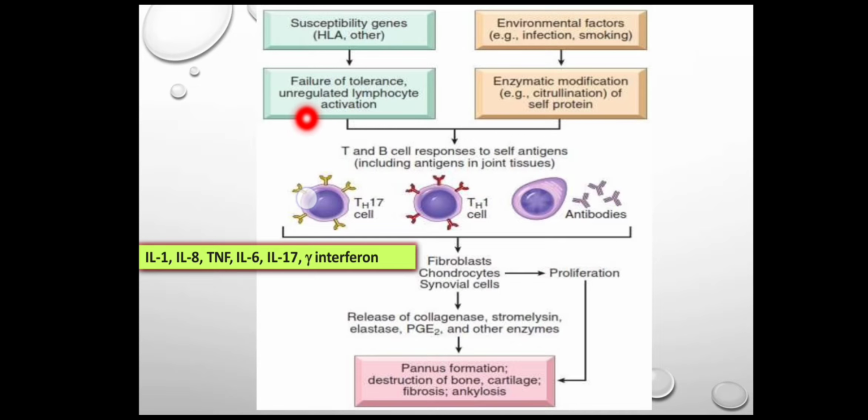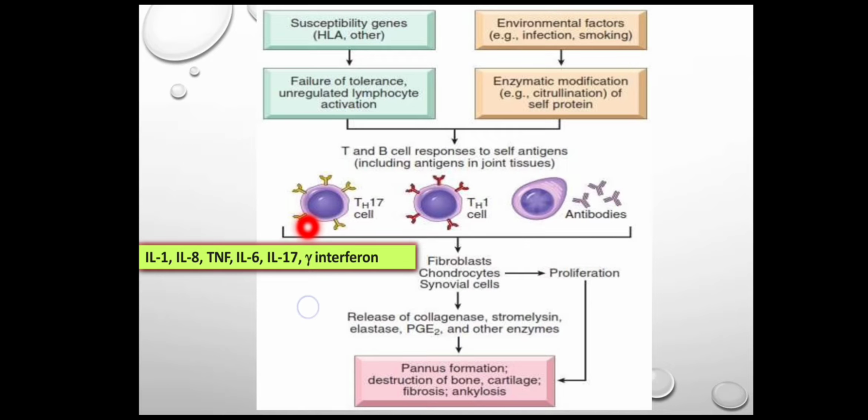Failure of tolerance leads to unregulated lymphocyte activation. If T and B cells are activated, it will lead to formation of T helper 17 cells and T helper 1 cells. And if B cells are activated, that will lead to plasma cell modification, leading to production of autoantibodies.